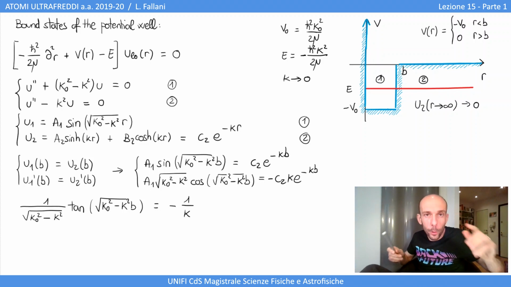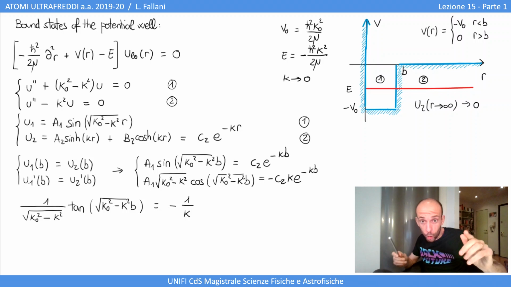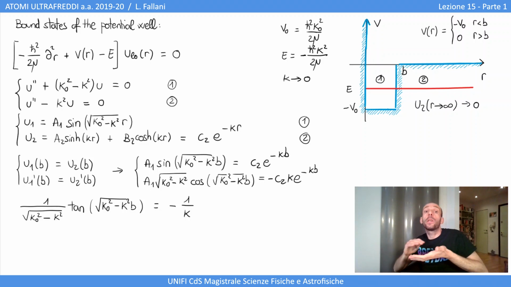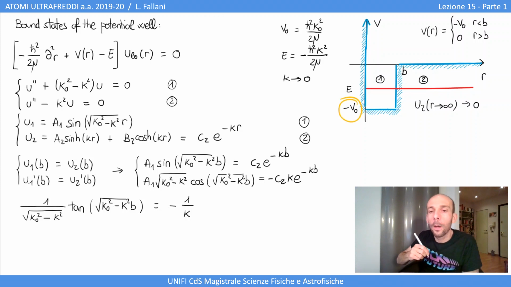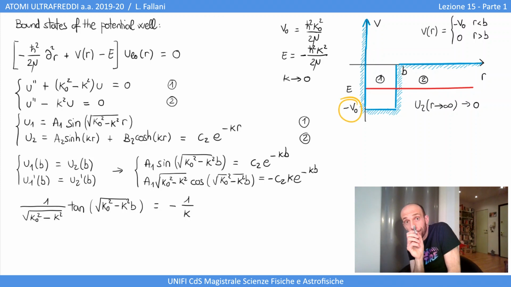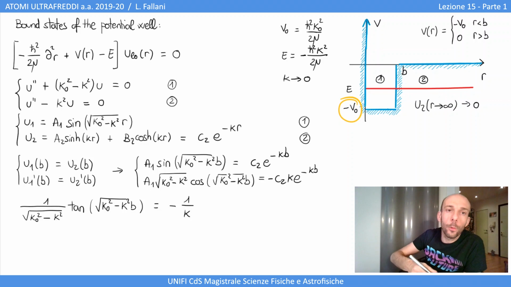So this equation will admit a discrete set of solutions that will be the bound states for our potential well. But now we are interested in finding the values of the potential well depth for which we have a bound state energy that goes to 0. So we are interested in looking at the solutions of this equation for k that goes to 0.